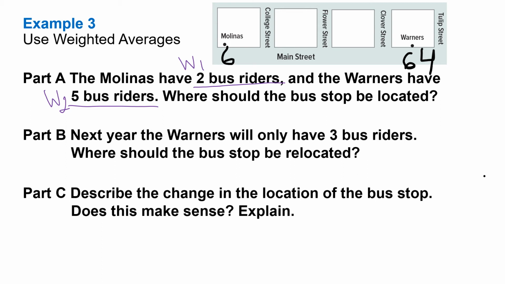Where should the bus stop be relocated? So for part B, W1 is still going to be 2 because the Molinas' number of bus riders has not changed, but W2 is now going to be 3. Part C, describe the change in location of the bus stop. Does this make sense? Explain.